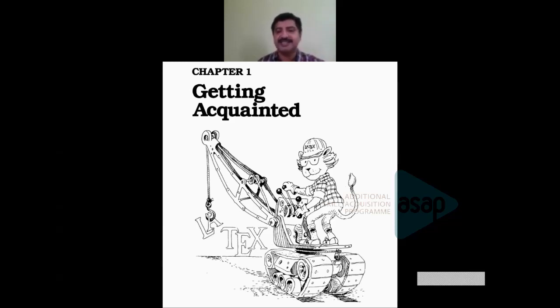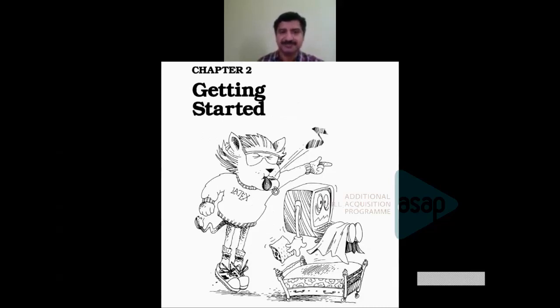In any case, you can handle them with the same set of commands or operations. So that is the meaning of this picture. You can see this picture in chapter 1 of the very basic textbook of LaTeX by Leslie Lamport, who introduced LaTeX to us.